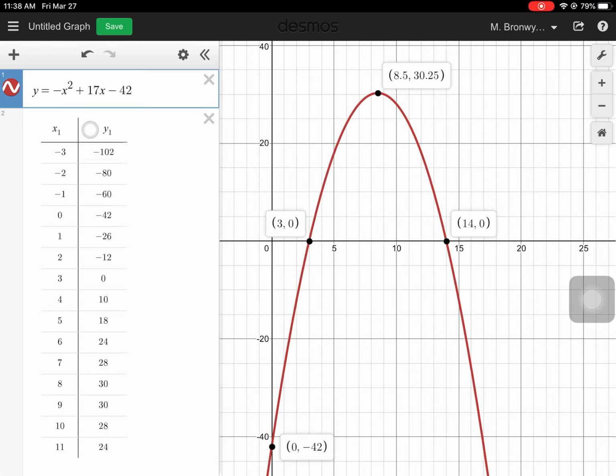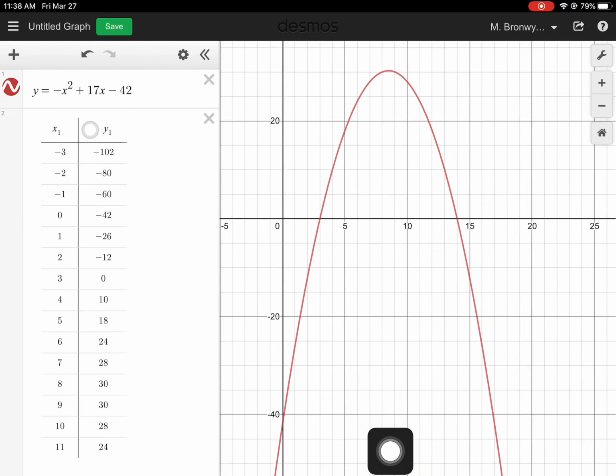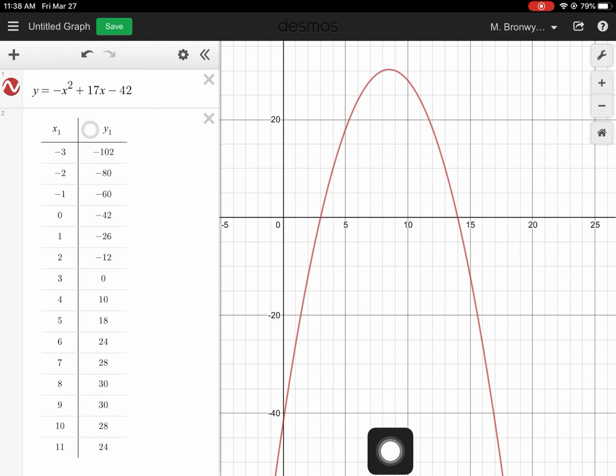All of those points are important. And of course, we could also find the mirror image of the y-intercept over here based on where that line of symmetry is. So those are all things that we want to be able to locate. Given a quadratic equation, we want to be able to locate those different things. So that's what we're going to focus on today.